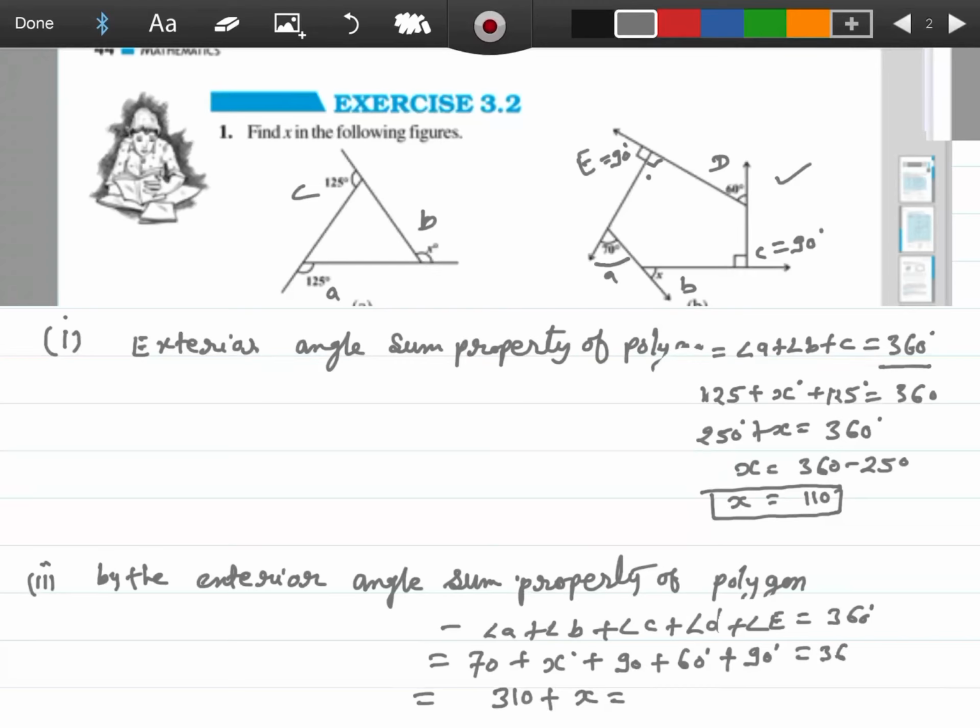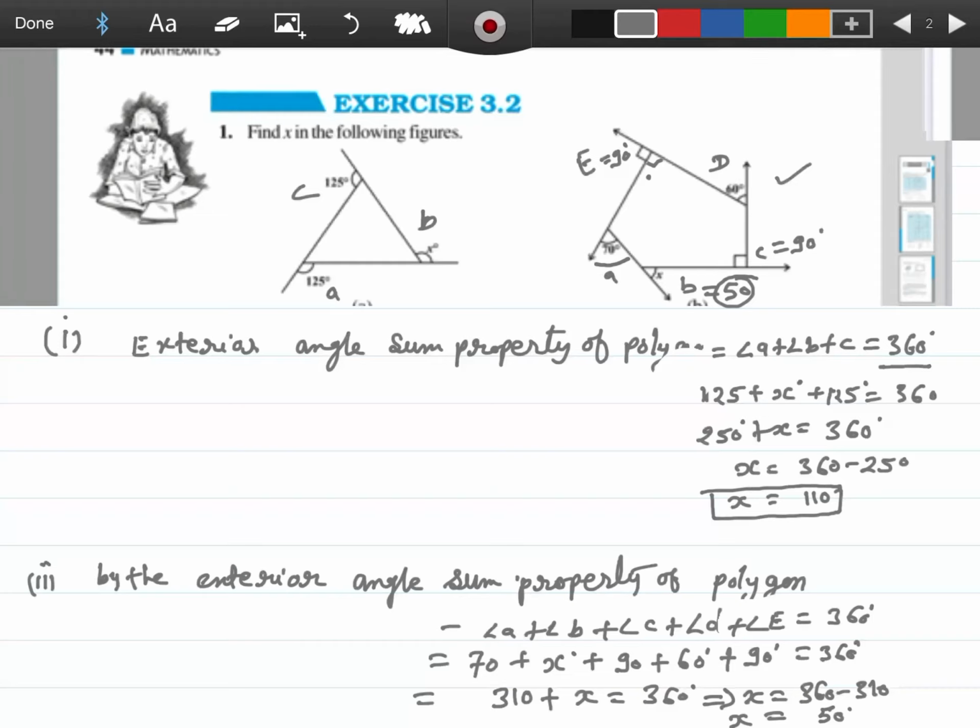Plus x is equal to 360 degrees. So x is equal to 360 degrees minus 310 degrees, that is 50 degrees. So what is the value of the unknown angle? x is equal to 50 degrees, that we have found.